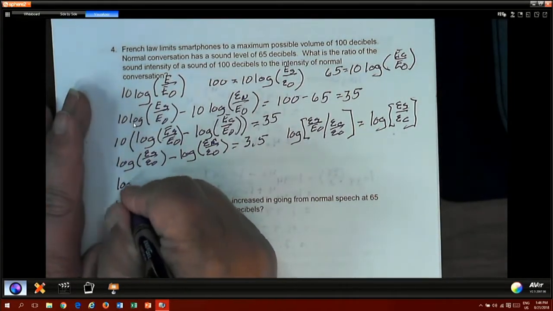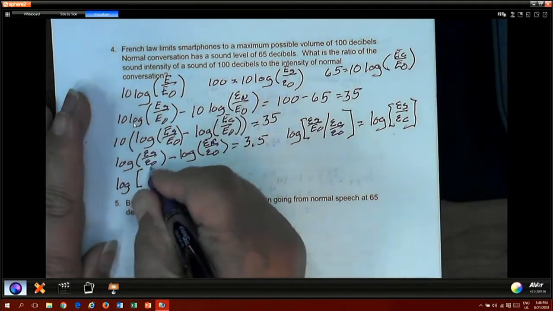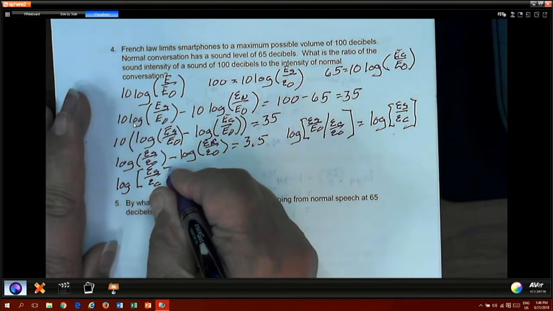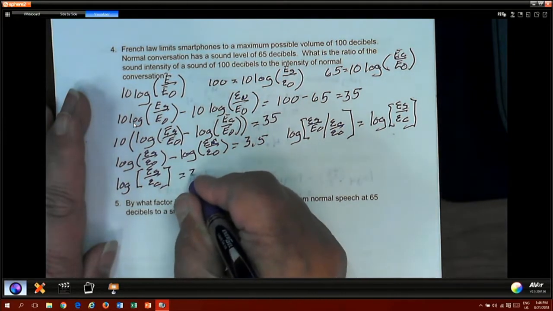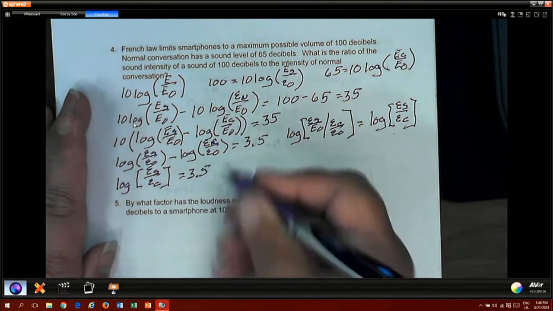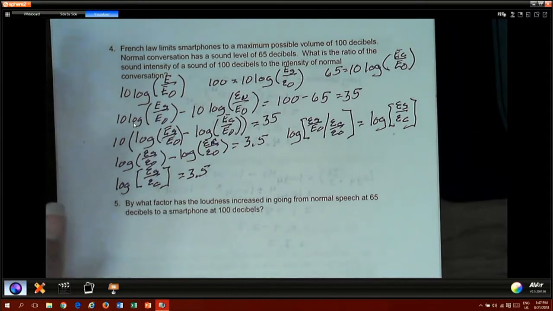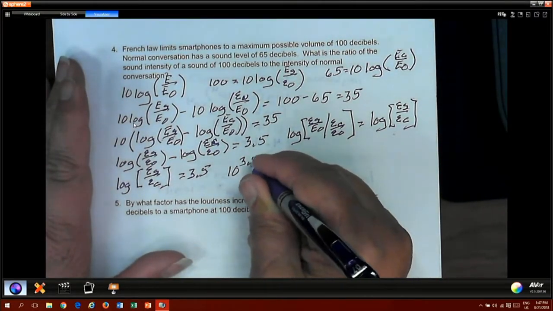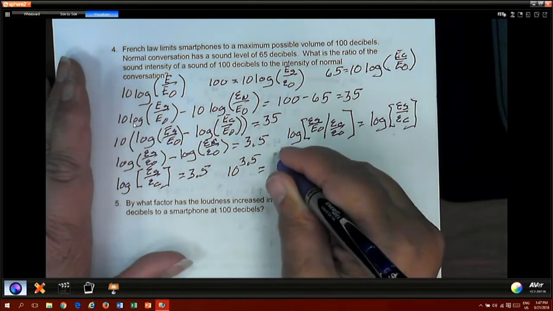So the log of E sub S over E sub C equals 3.5. So 10 to the 3.5 equals the ratio.